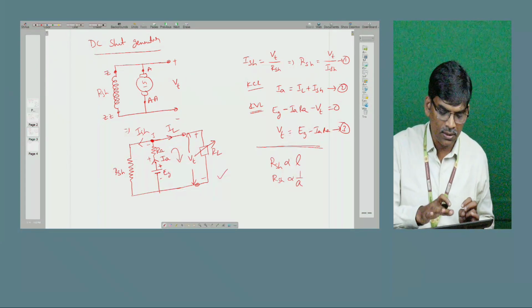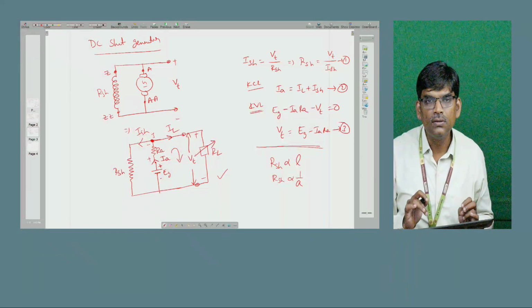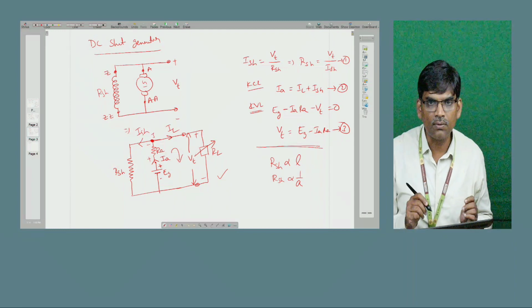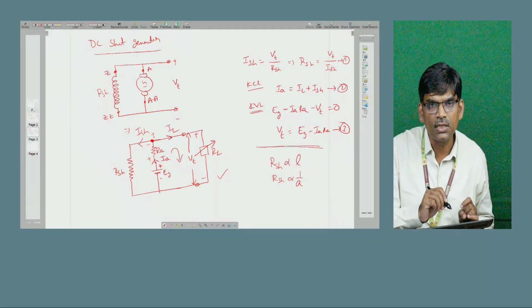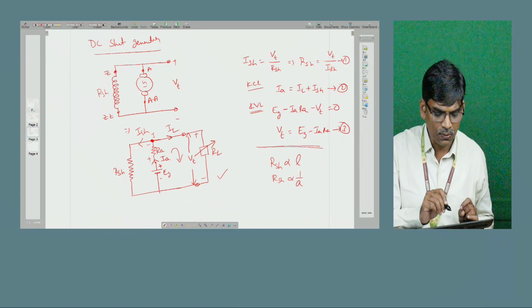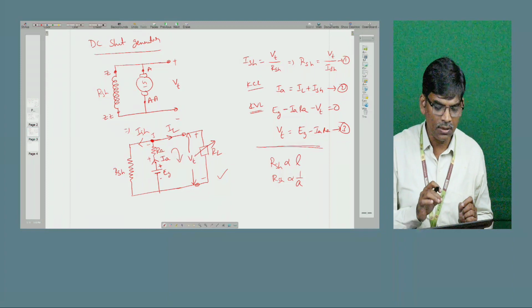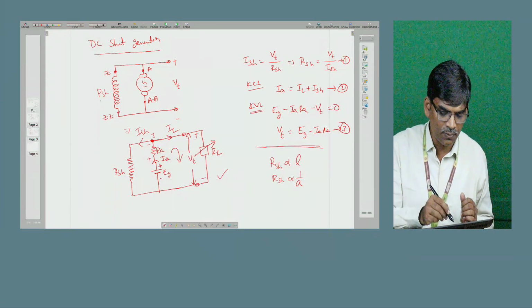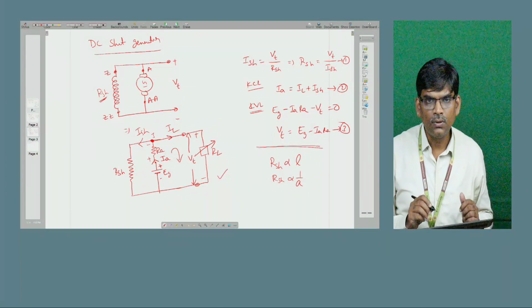It is connected across the terminal voltage, which is very high. But the aim of this winding is to set up the magnetic flux, so you have to minimize its current. To take low current, it maintains a high resistance.